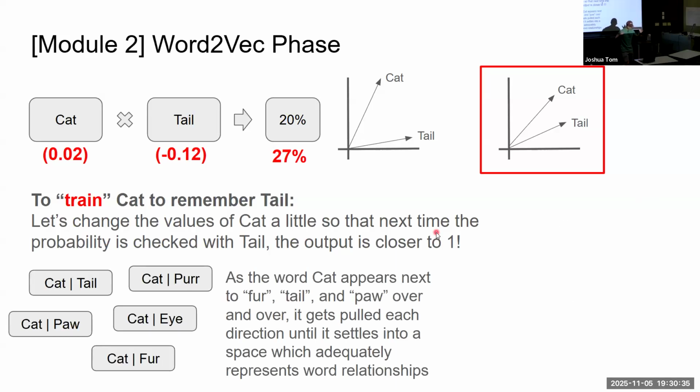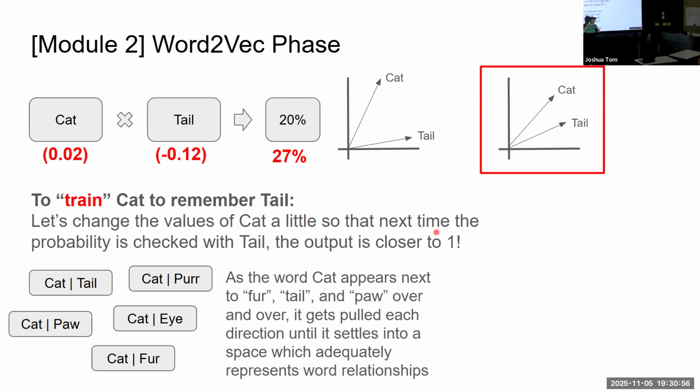So imagine this. We have a huge, huge text. The word cat appears with tail 100 times. Same with purr, eye, fur, and paw. Every single time we take those word pairs, we nudge cat a little closer to tail. We nudge cat a little closer to paw.